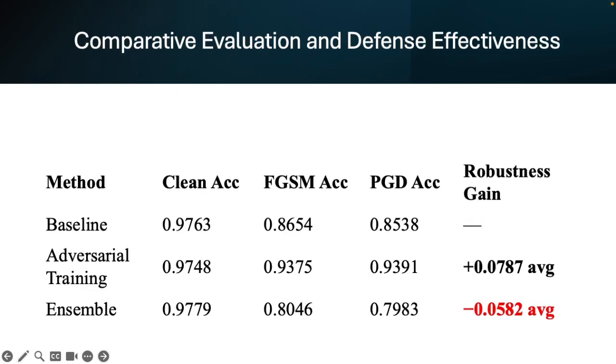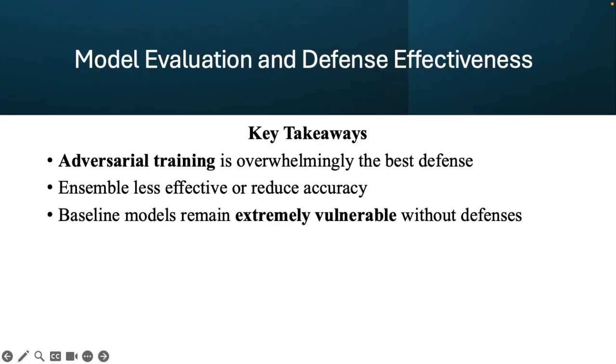And then comparative evaluation and the defense effectiveness. The baseline performs well on clean data but collapses under attacks. Adversarial training significantly boosts robustness across FGSM and PGD, and the ensemble provides limited benefit, as shown on the figure there.